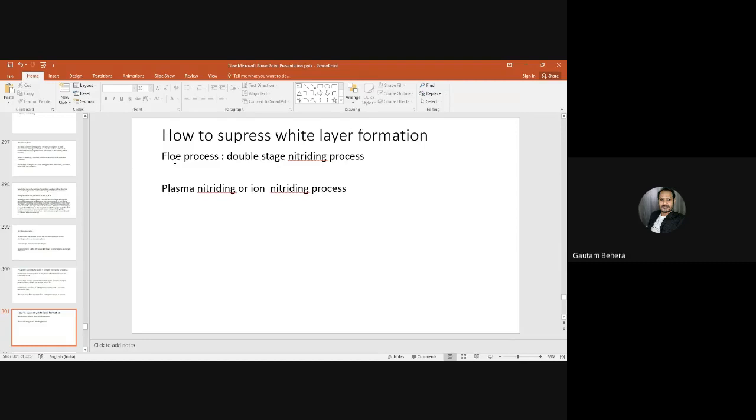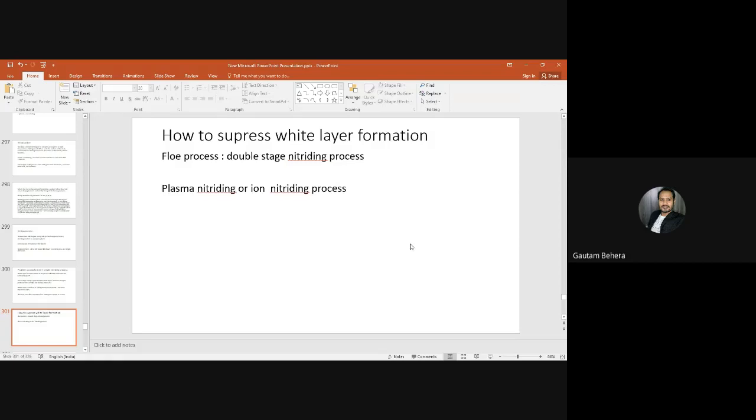That's why it is called double stage nitriding. In the first stage, we have different parameters. In the second stage, we have different parameters. And we can suppress the white layer formation. And plasma nitriding is a very new process, basically. These days we prefer this kind of process, which is a very fast, efficient process. And also we do not have any white layer formation, or you can suppress the formation of white layer.